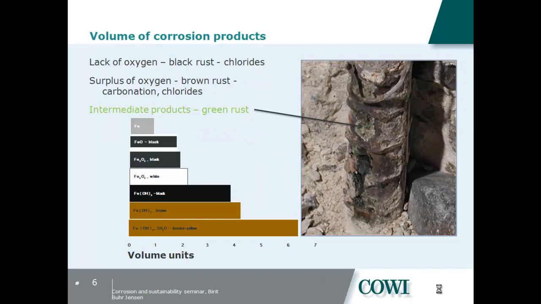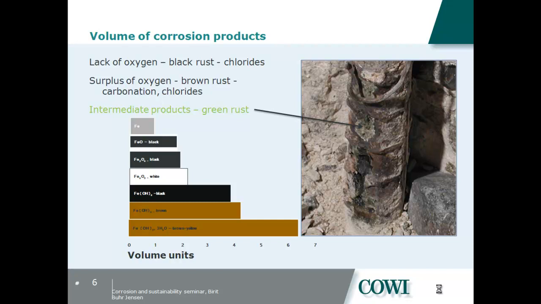Normally, if we look at a volume unit of iron, if we have a lot of oxygen, we'll have a big volume increase, and it will be a brown corrosion rust. This is the one we all know when we think about corrosion.